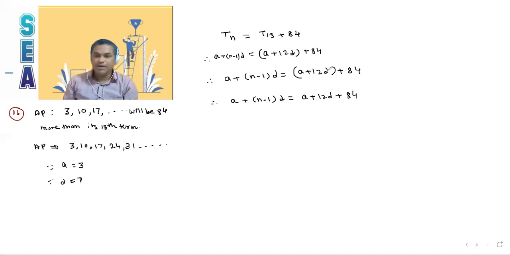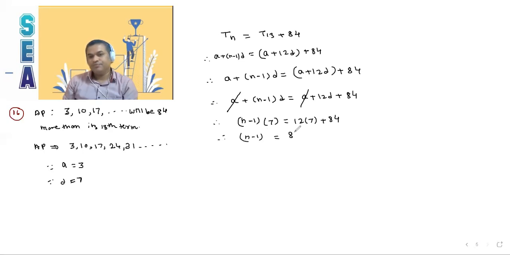So therefore n minus 1 is equal to (84 plus 84) divided by 7.